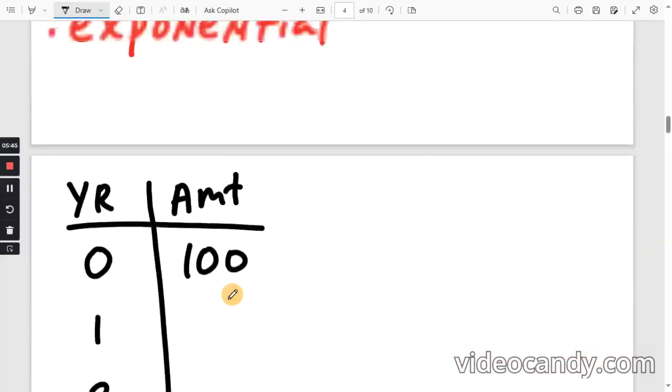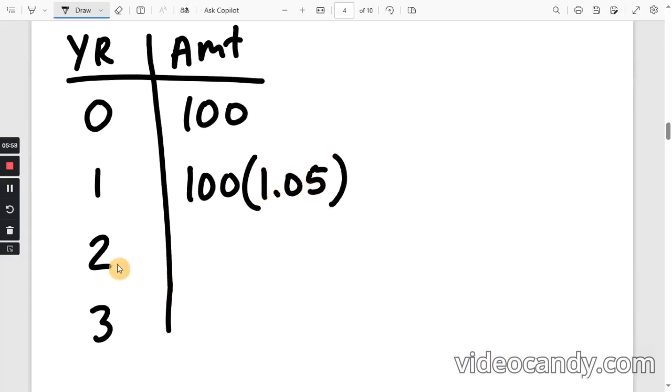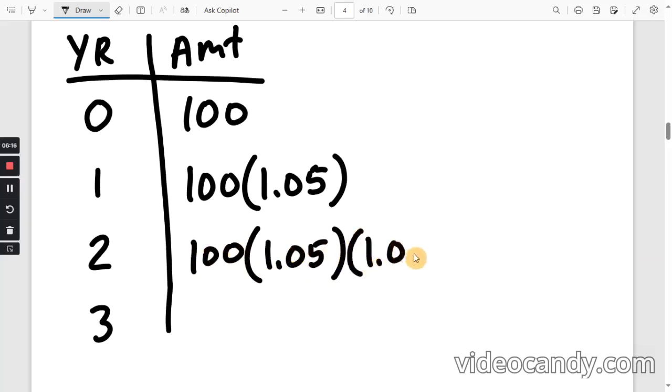So, in the first year, you're going to take the initial amount of $100 and add 5% by multiplying by 1.05. In year 2, you're going to take whatever you got here, okay? So that's going to be 100 times 1.05, and you're going to add 5% to this new amount. How do we do that? Well, we just take this new amount and multiply it by 1.05.